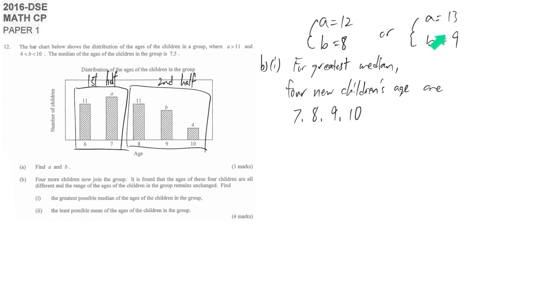We have two cases, so we have to think independently, case by case. Case 1, we assume that A is equal to 12 and B is equal to 8. In this situation, the new median: the original is in the middle. Now we have 3 more in the second half, so it should be 8 now.